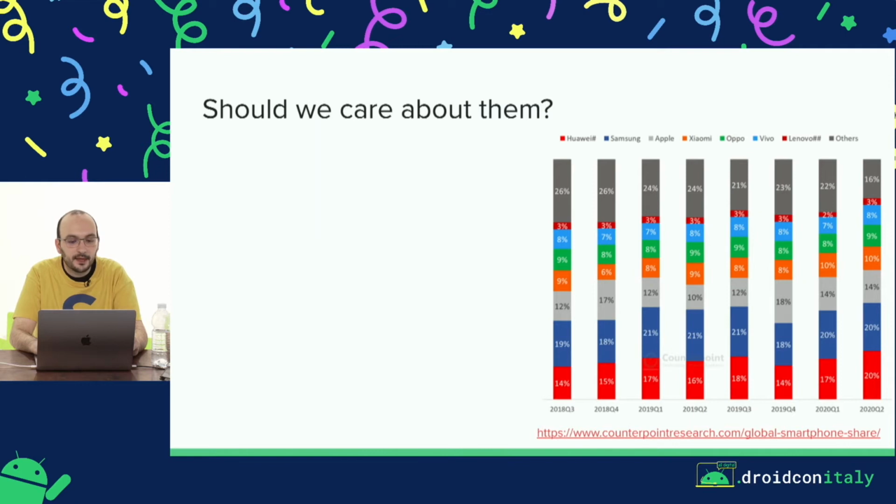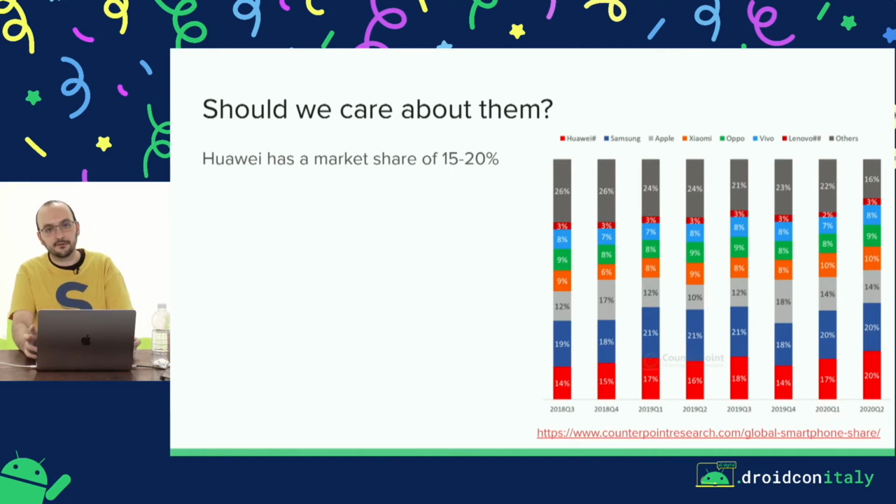And the real question is, should we care about the devices that don't have Google Play Services? Well, of course we should, because, for example, Huawei has a market share that in past years has been between 15 and 20% of all devices sold globally.